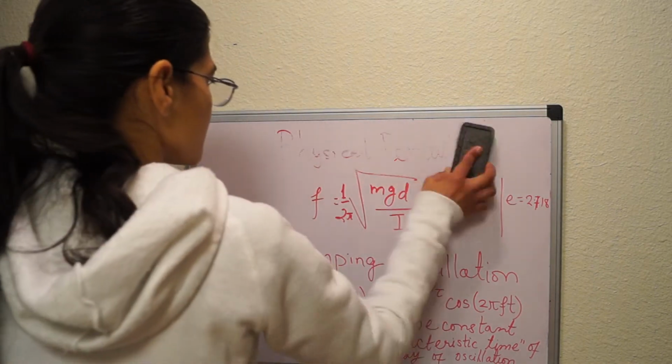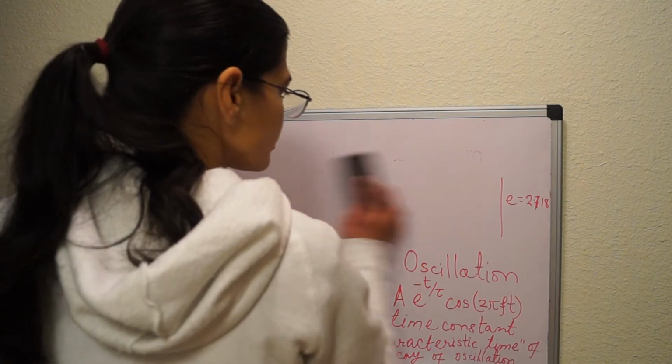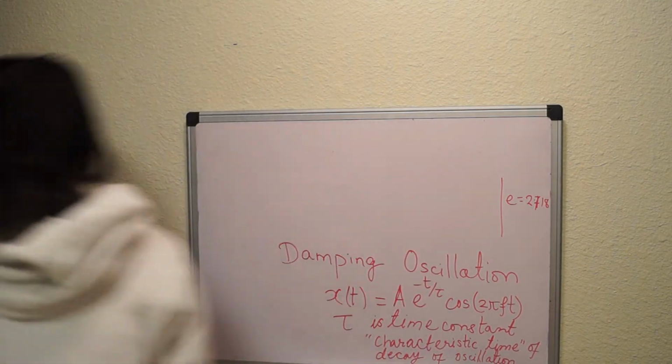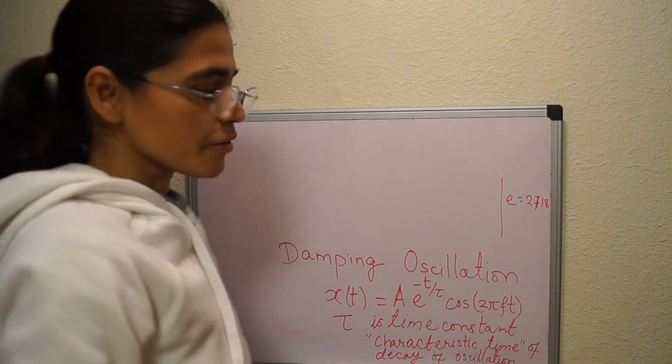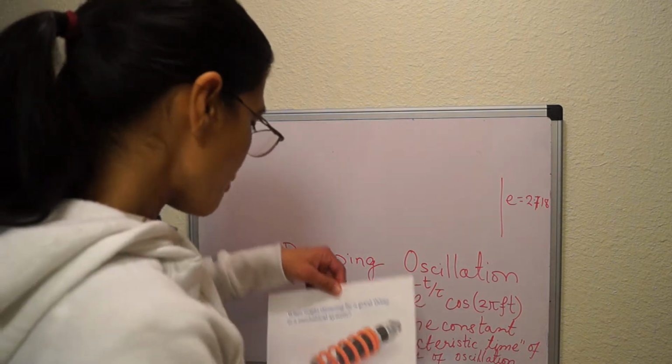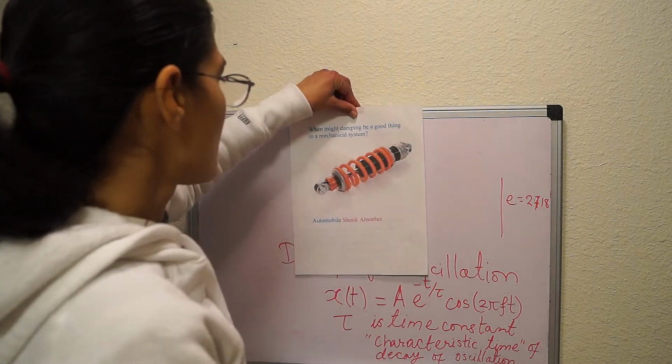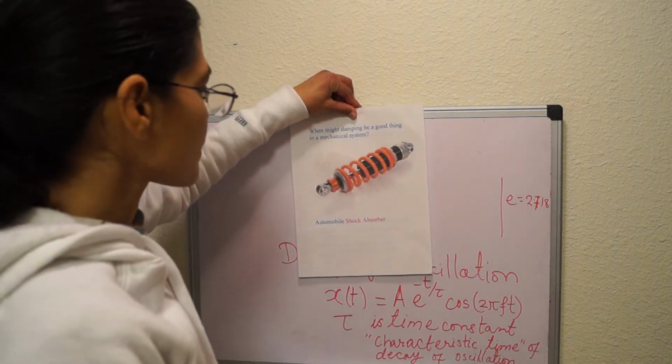We looked at a couple of examples of when damping might be a good thing in a mechanical system.